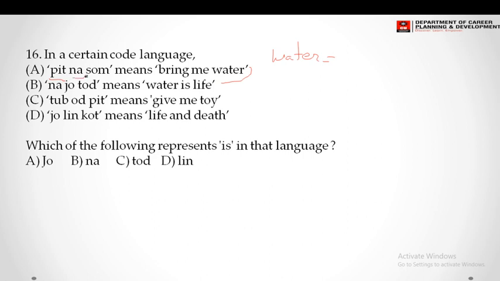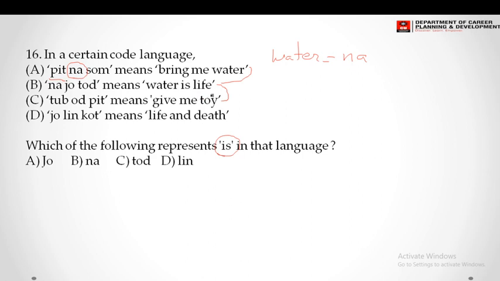So common is Na. So water is Na. And you have to find this one. So now we can compare second and third. In second and third, common is water is life. Nothing is common between second and third.